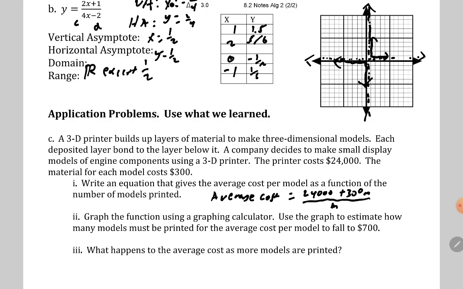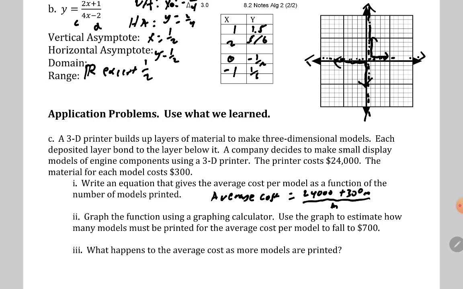So if we made only one model, that'd be very expensive, should have just rented a printer. It would be a really expensive model. But if you made, I don't know, 1,000 models, the cost per model isn't that much.